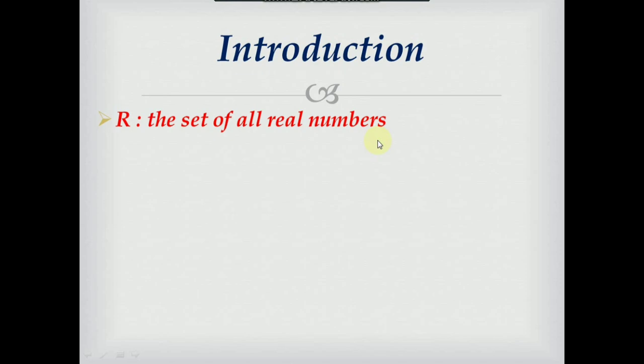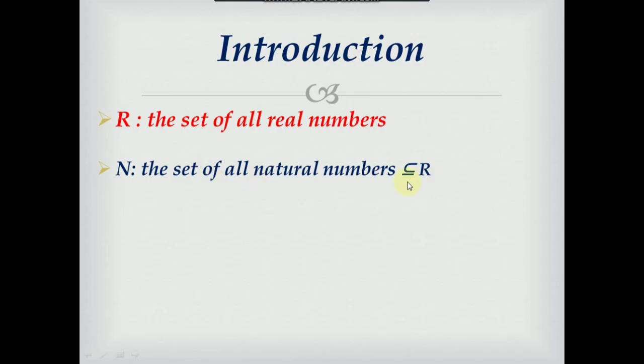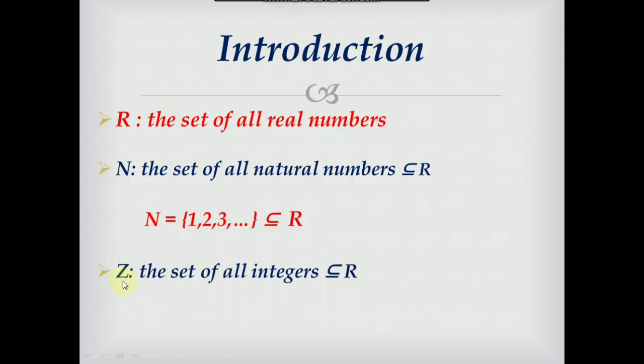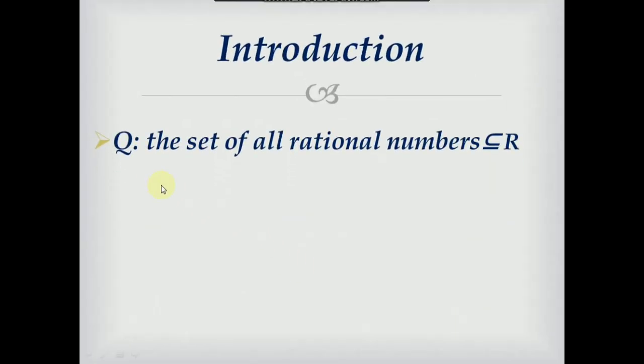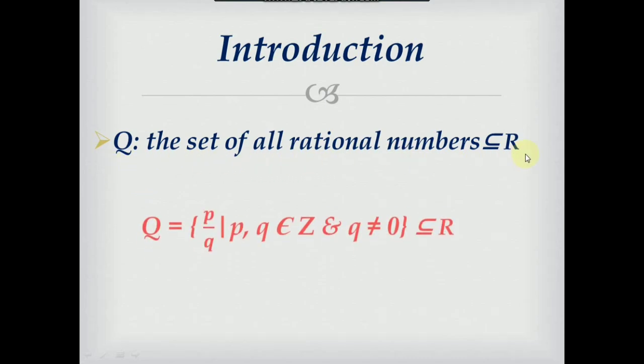We also know that N, the set of natural numbers, is a subset of R, that is, the set of numbers 1, 2, 3 is a subset of R. Z, the set of integers, is also a subset of R. That is, the numbers -3, -2, -1, 0, 1, 2, 3 and so on are a subset of real numbers. Also, Q, the set of rational numbers, is a subset of real numbers.